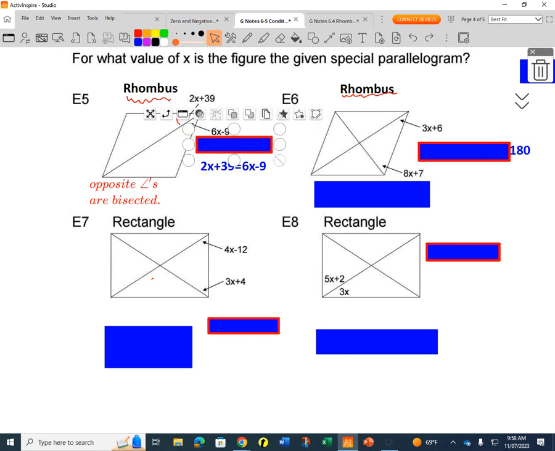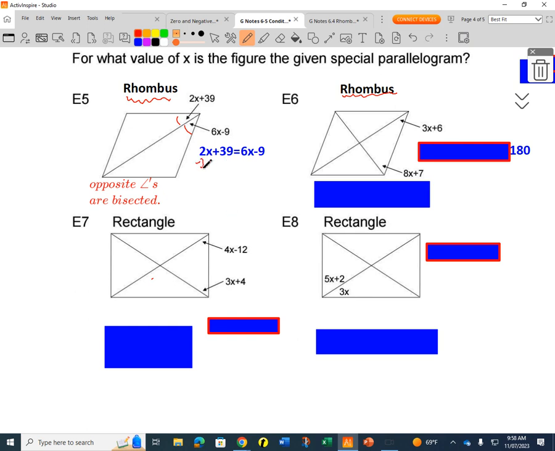So you're going to write that equation and solve. It only asks for the x and not the measure of the angle, but we could find the measure of the angle of the rhombus, or the bisected angle, either one. So there are variables on both sides.